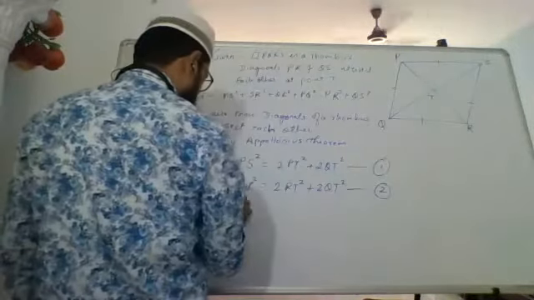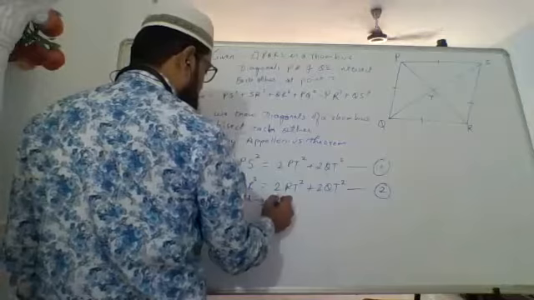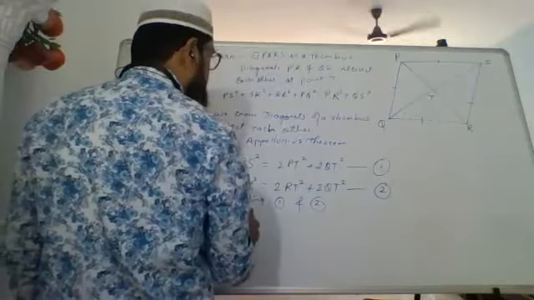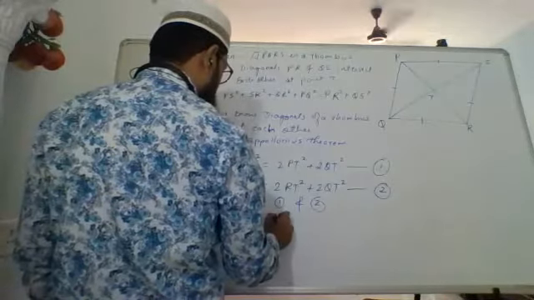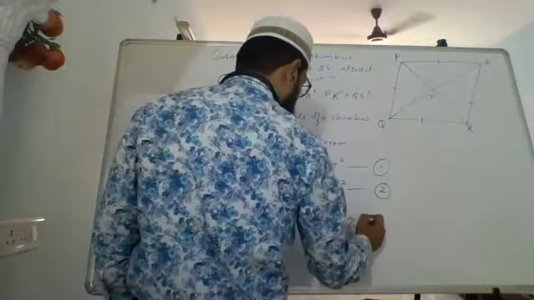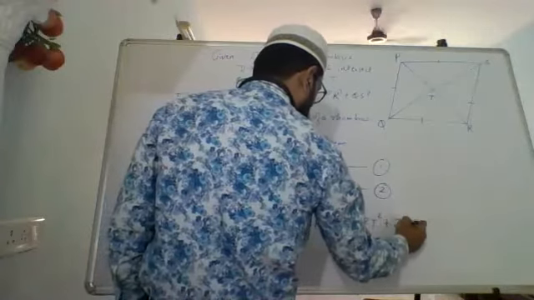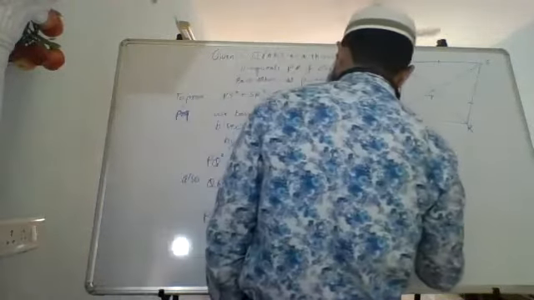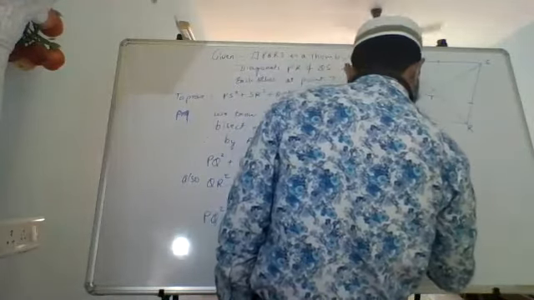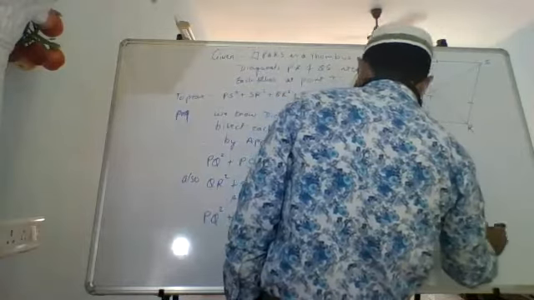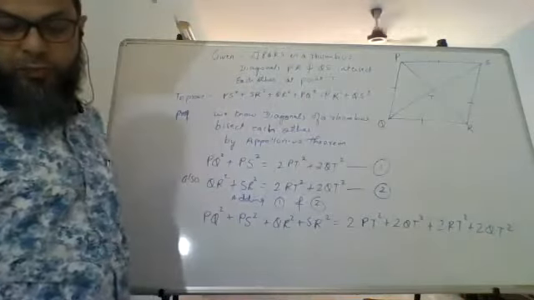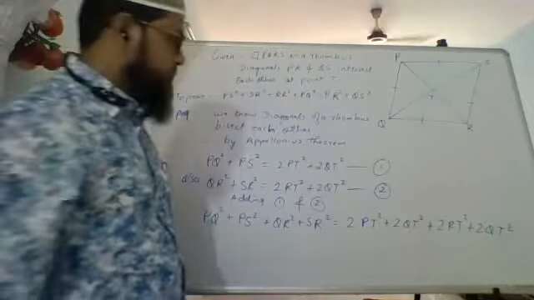Adding 1 and 2, I'll get PQ square plus PS square plus QR square plus SR square equals 2 times PT square plus 2 times QT square plus 2 times RT square plus 2 times QT square.